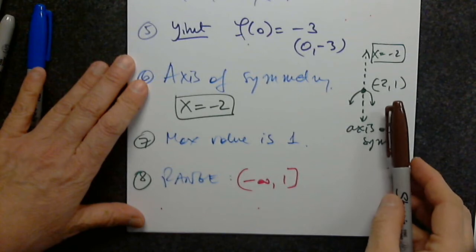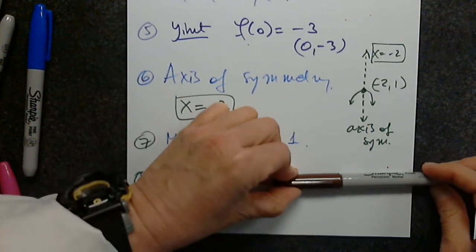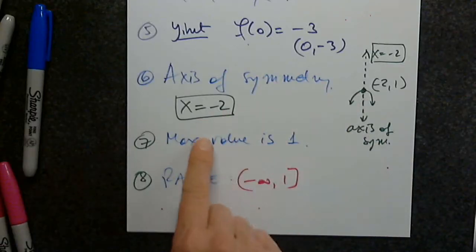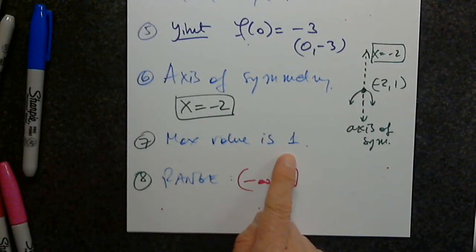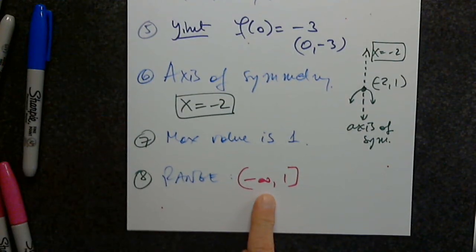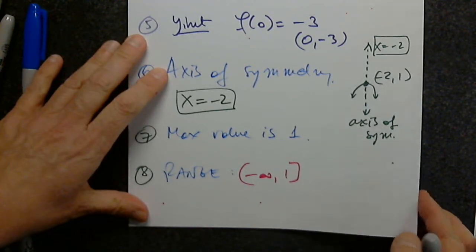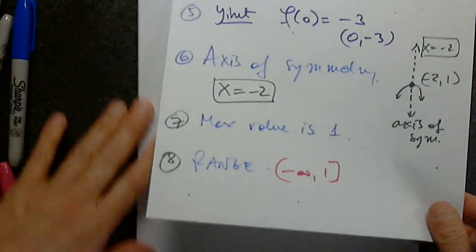So look at this graph. From negative infinity till the maximum. You just told me the maximum is 1, right? So from negative infinity to 1. Is it because it has arrows? Yes, of course. Very good point. The function goes on forever. Good point.